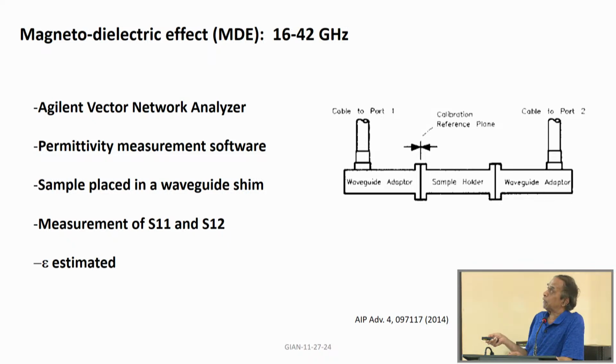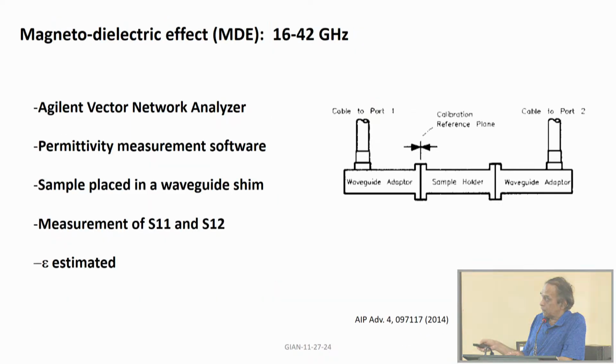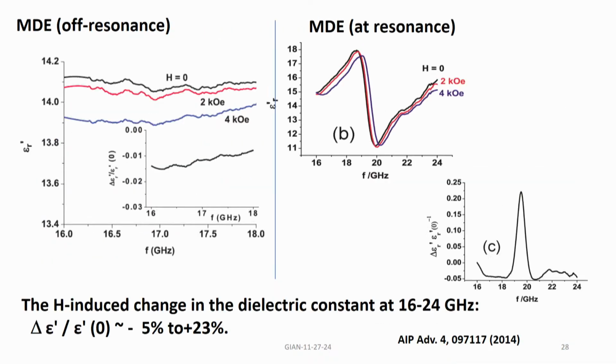So, it is called the magnetodielectric effect, and you see here the dielectric constant measured as a function of frequency, in the range of 16 to 18 gigahertz, and that is the relative dielectric constant under 0 magnetic field and 2 and 4 kilo-Ørsted.